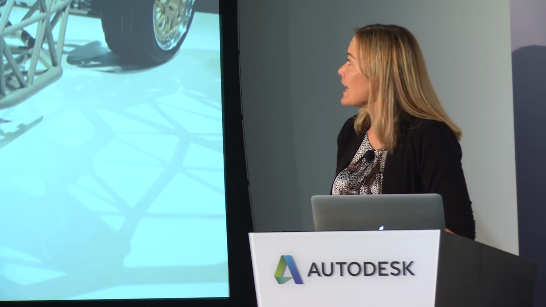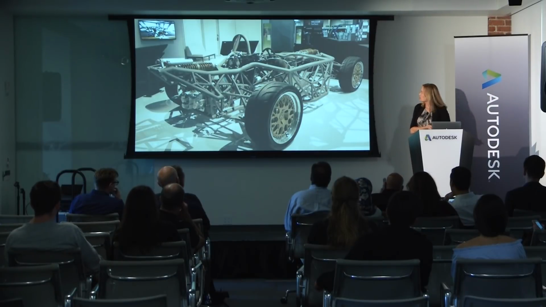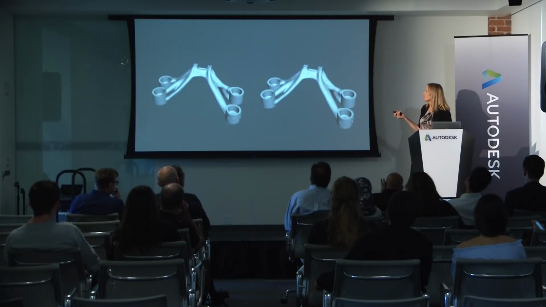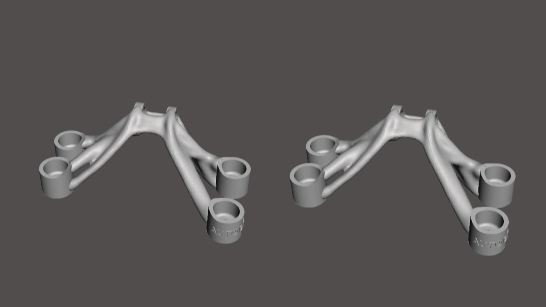Now, OK, let's back up from an entire chassis and take a look at something simple. Last year, we decided we'd enter a competition to design an engine bracket for GE.